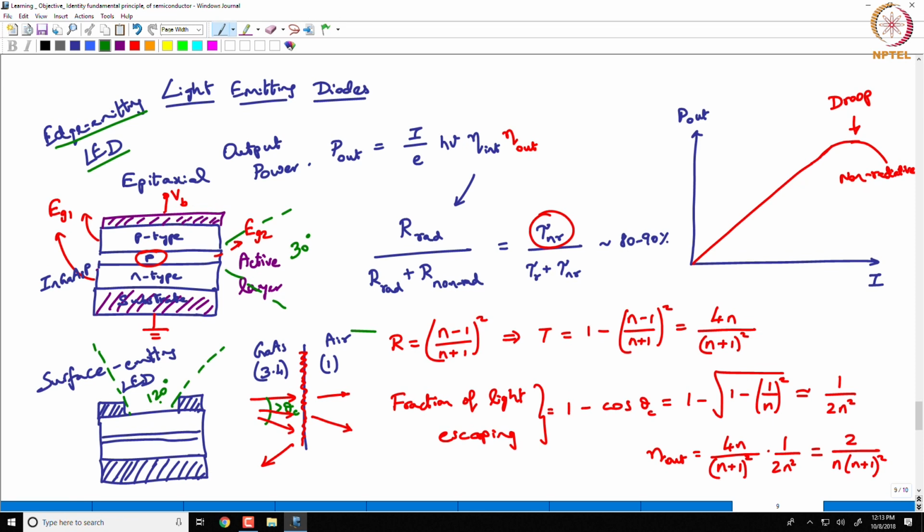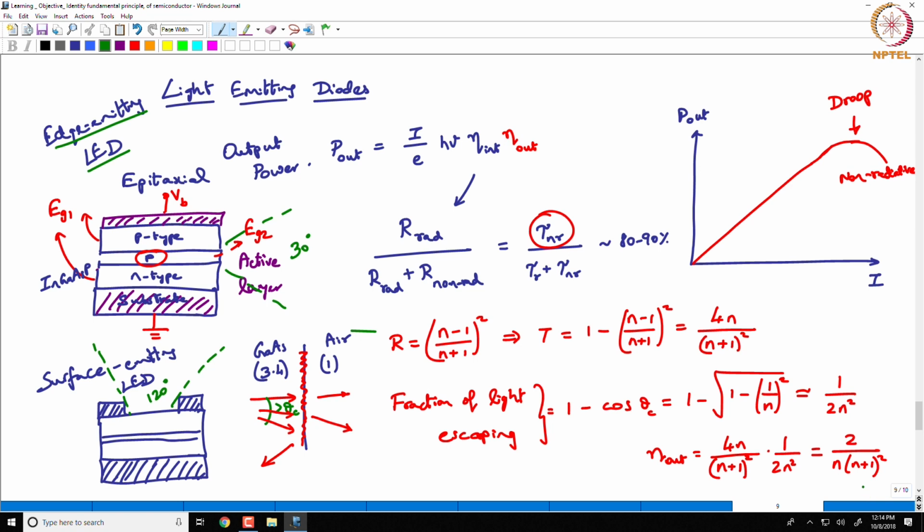What we have actually mentioned, which is represented as eta int in the expression for the output power, and so that may eventually limit the amount of output power you are able to extract from the structure.